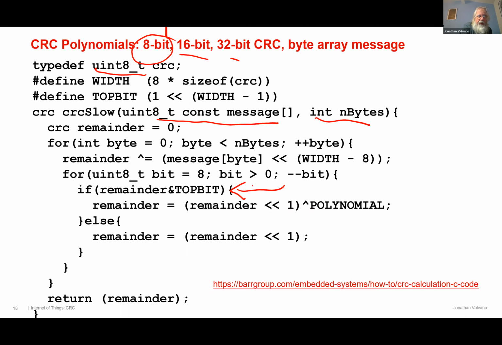That's the test first. Never mind. This is the same. It's the slow version. It's the next one that does the opposite. There's the test, and then it will shift, but it either will subtract and shift or it will shift. Okay, fine. Sorry. So the polynomial here isn't shown on the slide, but it's this constant.